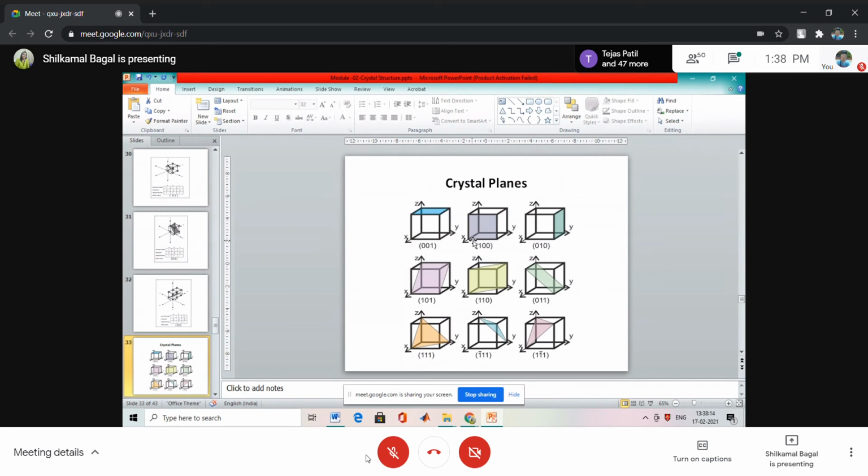So mark this corner here and from there go in a direction parallel to y. So we come here, then from here go in a direction parallel to z. You will go here and then draw it.